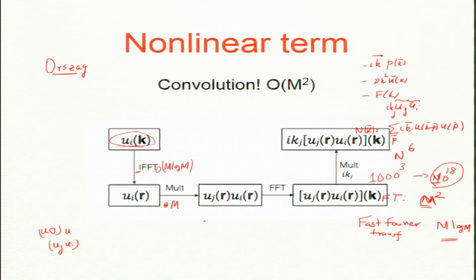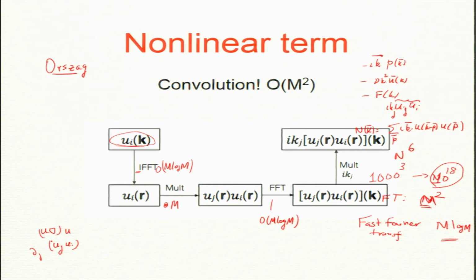So, I got this product, then do the Fourier transform. How many points do I have in the product? There are m points. If I do the Fourier transform, how much time will it take? It is order m log m. So, I already have the product in Fourier space. Now, I need to take the derivative.